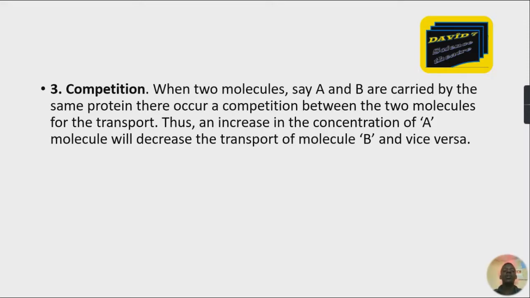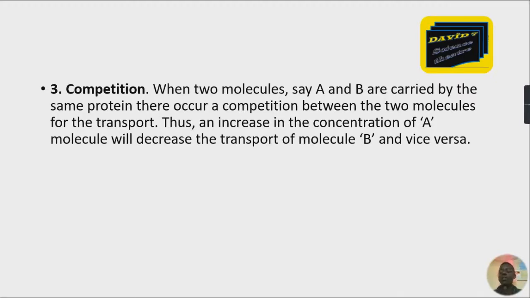The third difference is about competition. For example, if you have two molecules, say molecule A and molecule B, being carried by the same proteins, it means there will be a competition between the two molecules for transport. This is in regard to facilitated diffusion, which depends on carrier proteins. Thus, an increase in concentration of molecule A will decrease the transport of molecule B and vice versa.